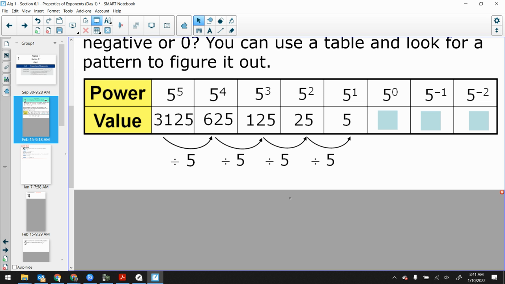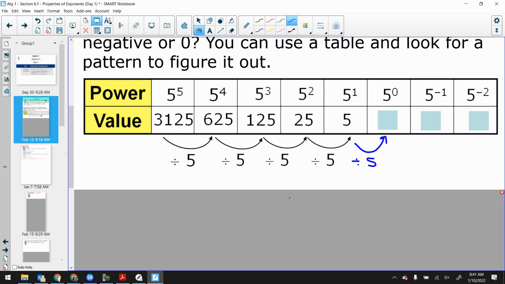If I actually went to my calculator and calculated 5 to the 5th, 5 to the 4th, 5 to the 3rd, 5 squared, 5 to the 1st, that is obviously 5. So let me ask you, if I continue this pattern, what should 5 to the 0 be? 0? No. 1.